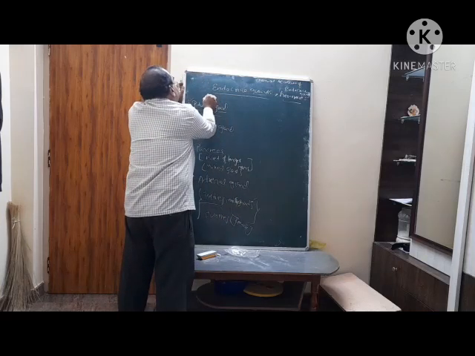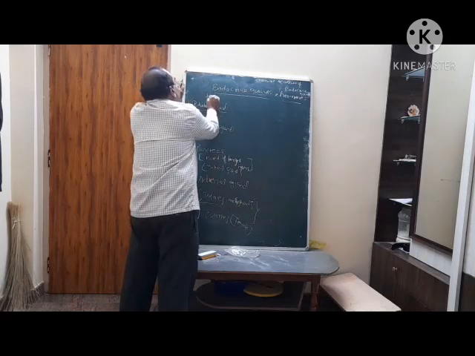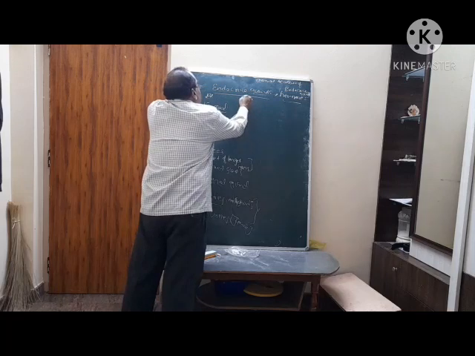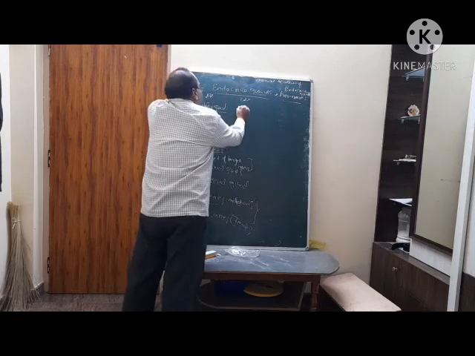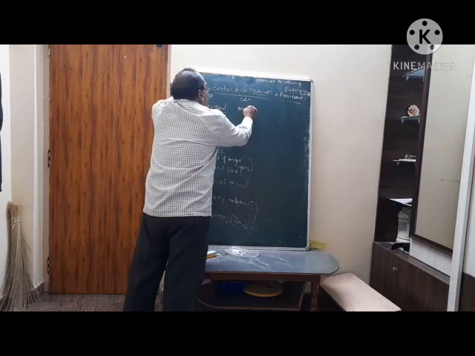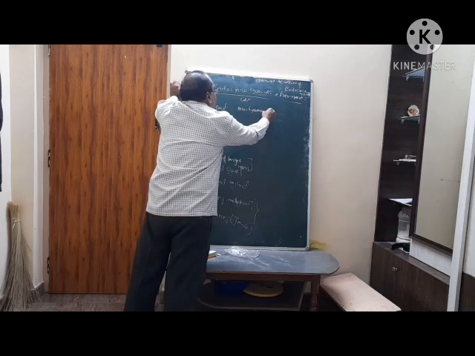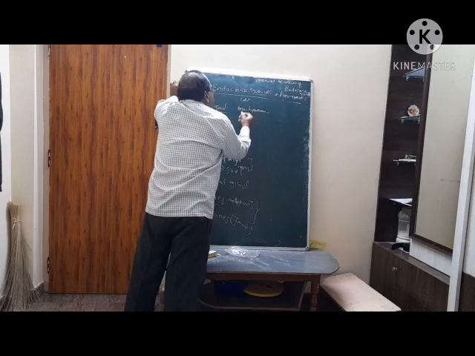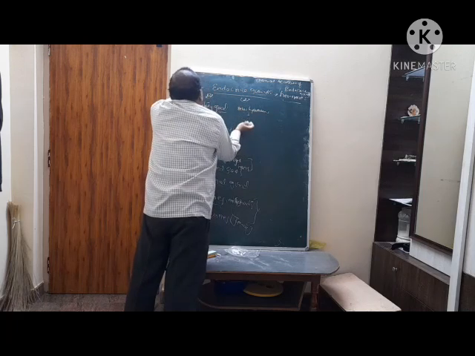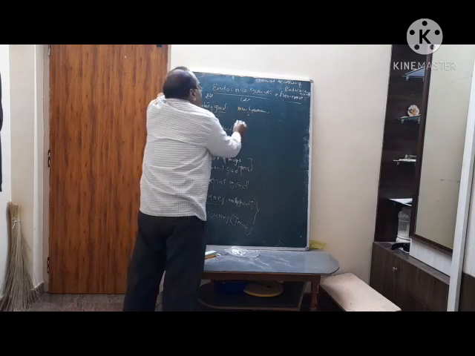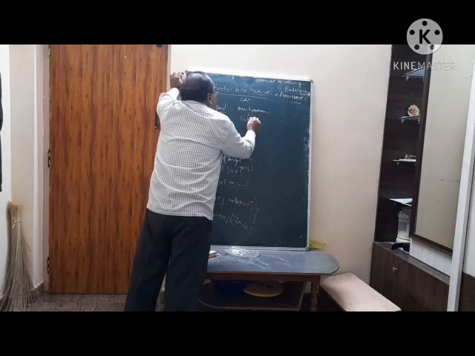These are the different endocrine glands. Usually the pituitary gland is present below the hypothalamus, and it produces hormones. The hormone of the pituitary gland is said to be growth hormone.